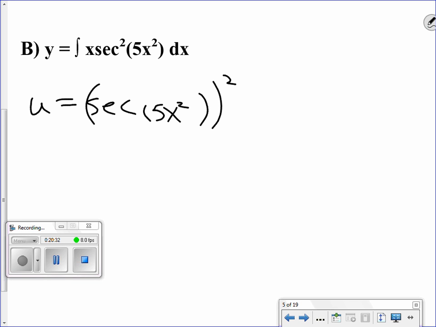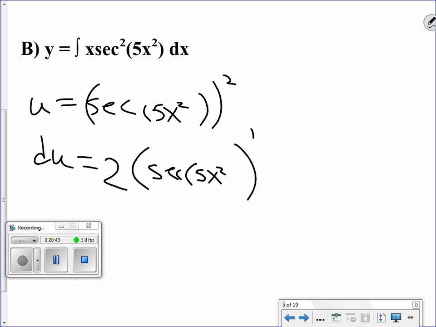So this would mean, if this was our u, that what we would need for du, remember, du is your shopping list. You got to have it all there before you start baking. You're going to need a 2 times all this to the first, times secant of 5x squared, tan of 5x squared, times 10x. You have all this stuff that you're going to need, and it's not there.